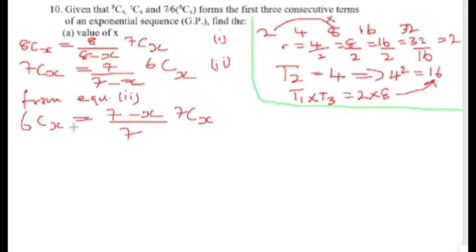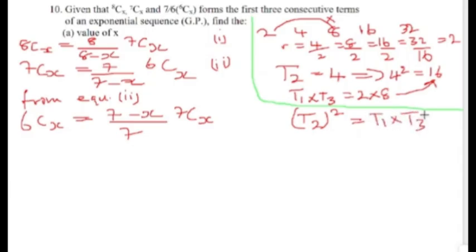Now, let's go back to this very important result here. What I just said here is that T2 squared equals T1 times T3.